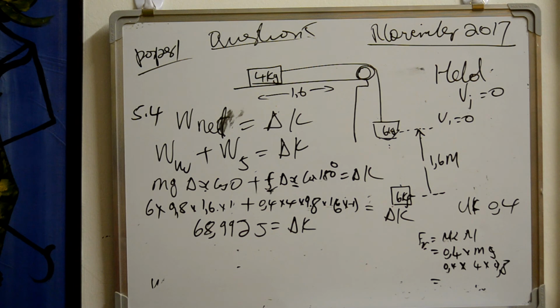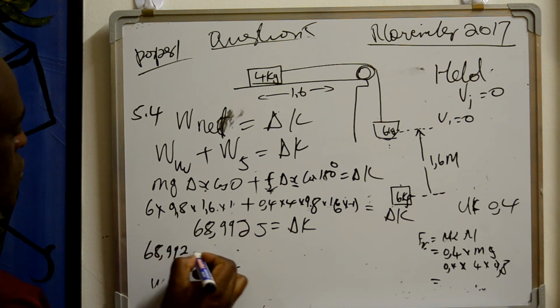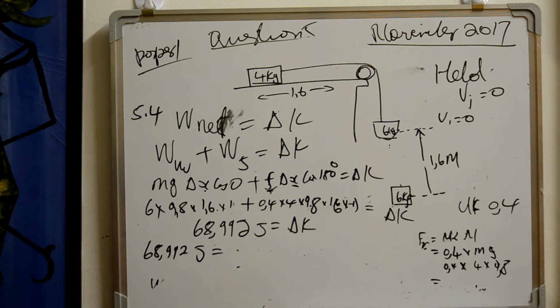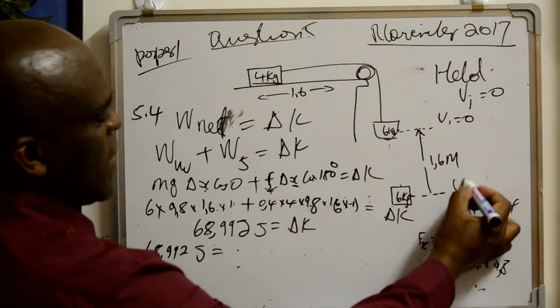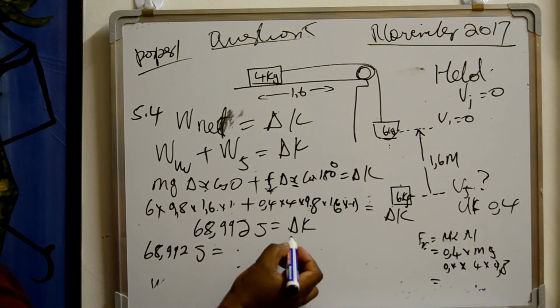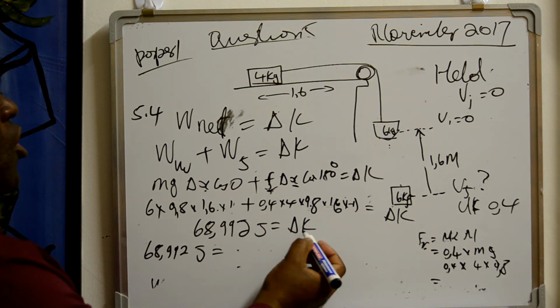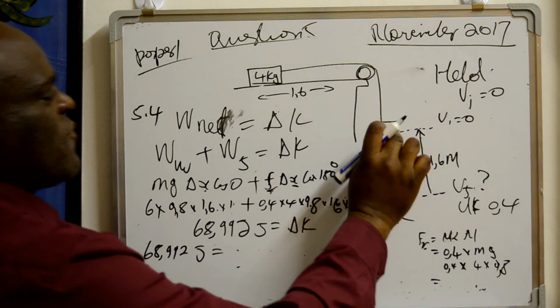Change in kinetic energy is 68,992 joules. We are being asked to calculate the final velocity. That is the question. What is my formula for change in kinetic energy? We have a change in kinetic energy for the 4 kg and for the 6 kg.